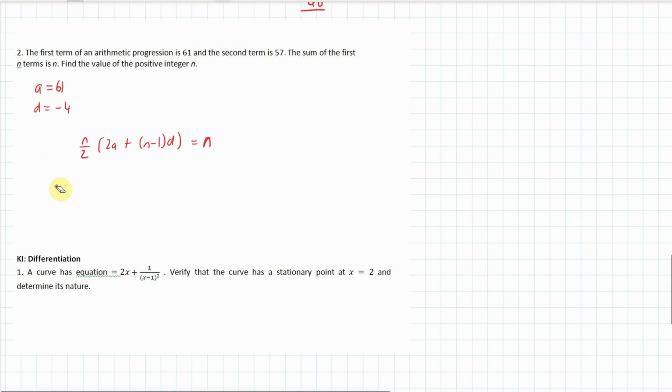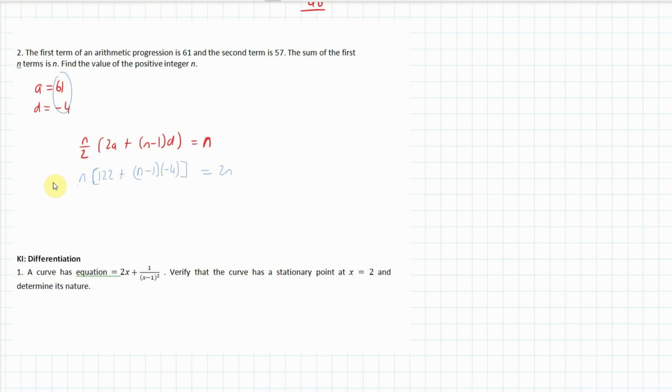So let's go ahead and work that out. Now, we don't know what n is. I'm going to times both sides by 2. So on this side I'll have 2n. Then I'm going to put in my values here. So 2 times 61, which is 122, plus n minus 1 into negative 4. And then I've got my big bracket at the end.